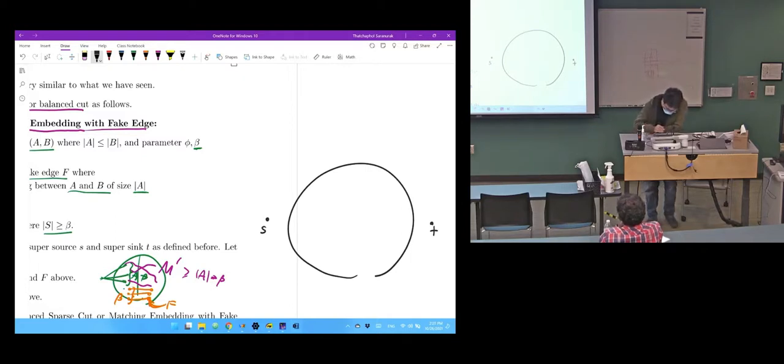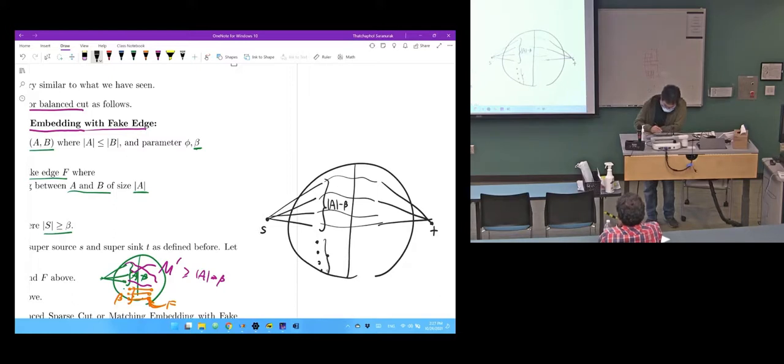Basically, you have that this part can send flow successfully, but there are a bunch of other nodes, at least beta of them, that cannot send flow. These nodes that cannot send flow should be on the side of the min cut.